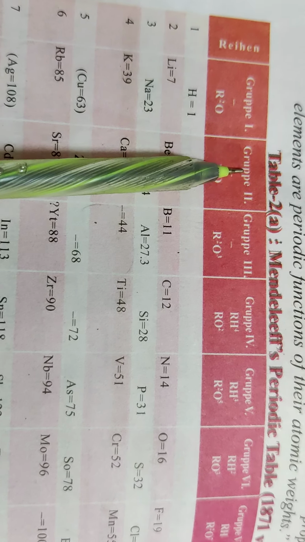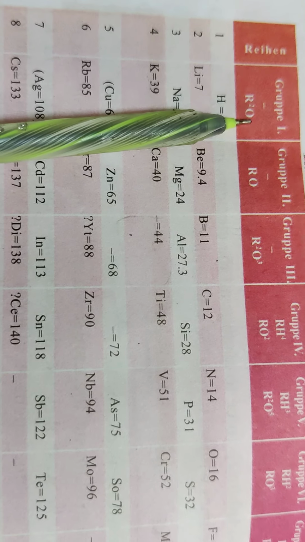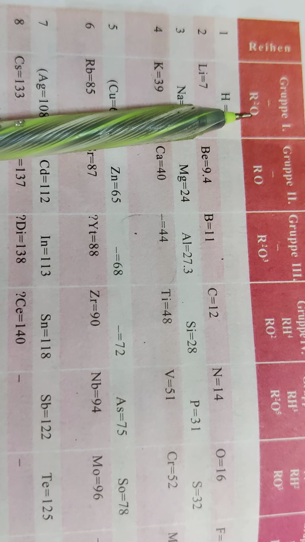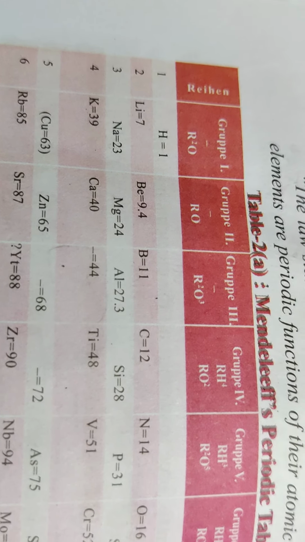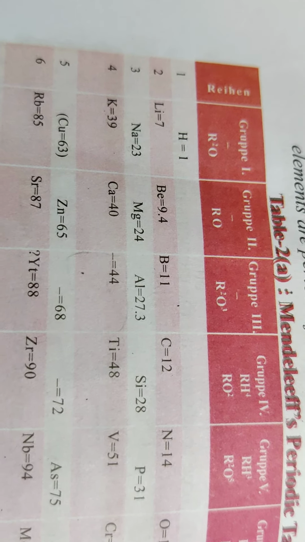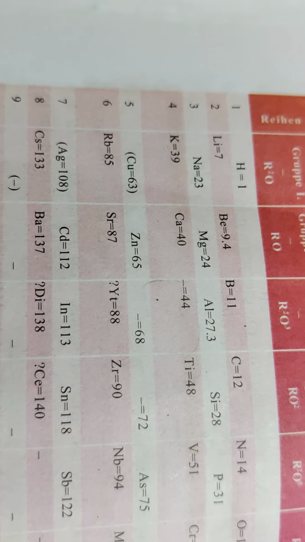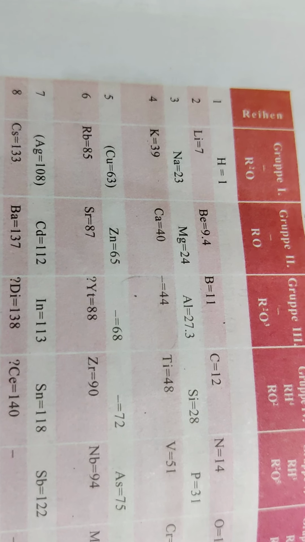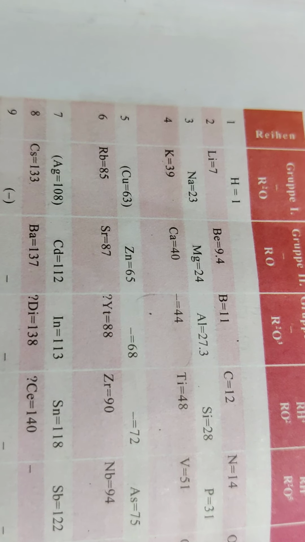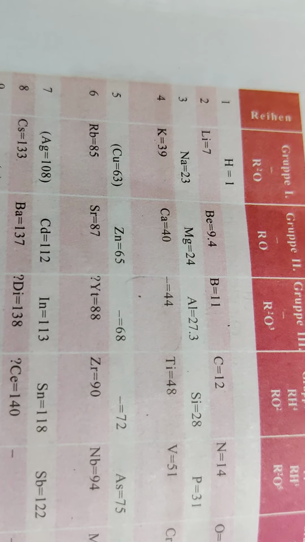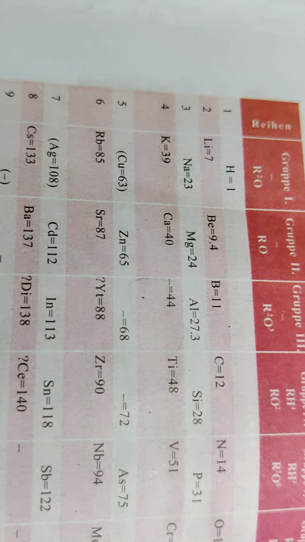First, if you take group 1, these elements, hydrogen, lithium, sodium, potassium, copper, when they react with oxygen, they form compounds of R2O. Here, instead of R, you can take the particular element which is in that group. So, lithium oxide. When any element reacts with oxygen, it forms oxides only. So instead of R you can take Li2O, Na2O, K2O. Like that you can take it.